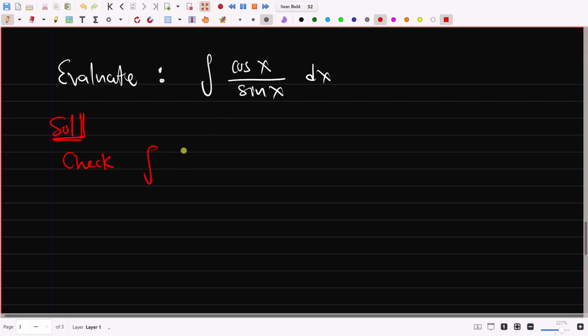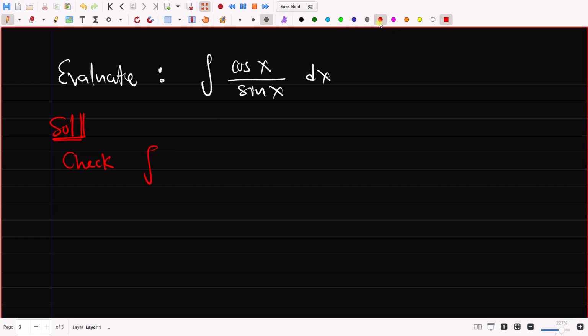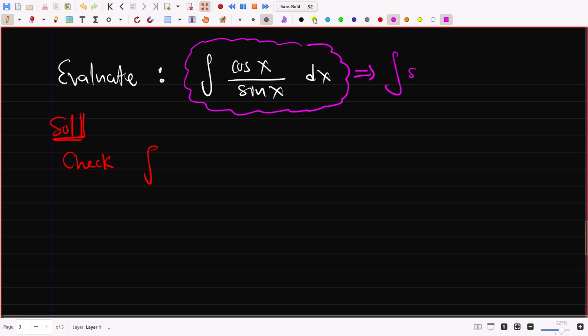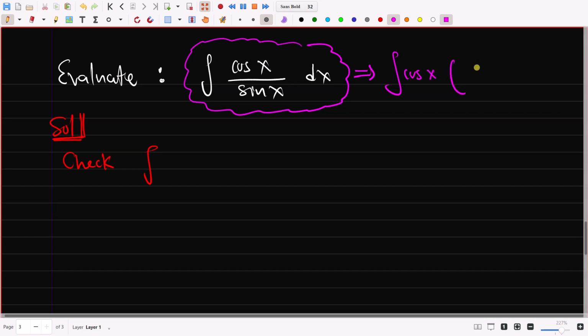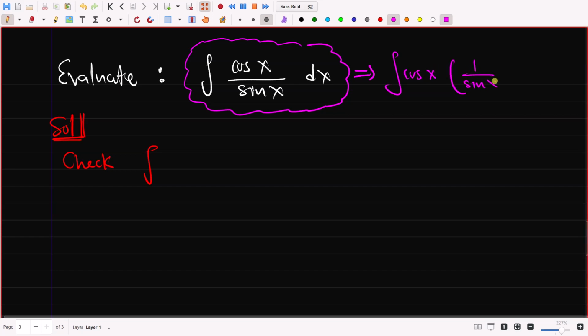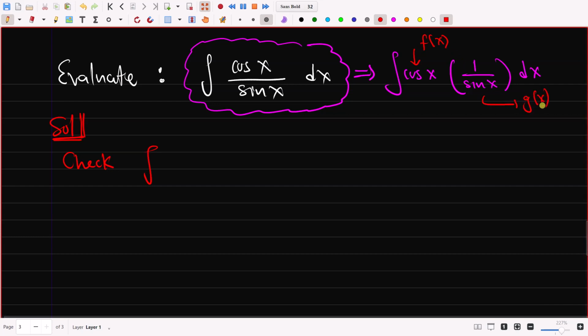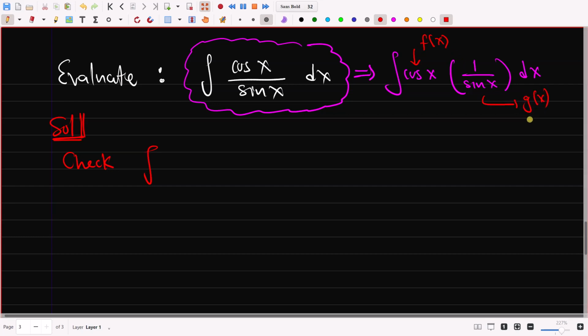If you look closely, you will realize that this integral can actually be written as the integral of cos x times 1 over sin x dx. Which means now we have this being our f of x function, and this being our g of x function.